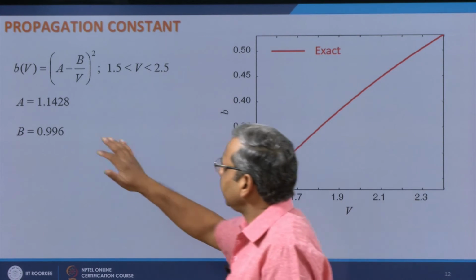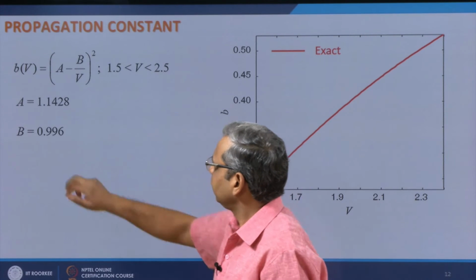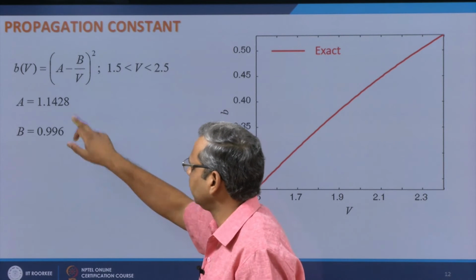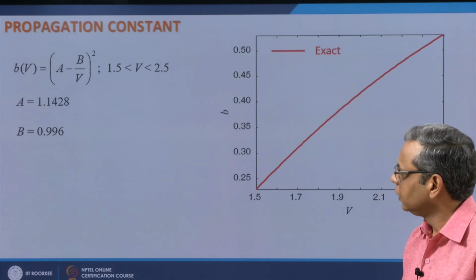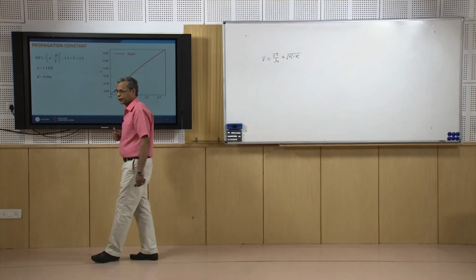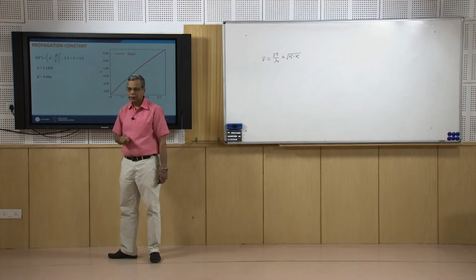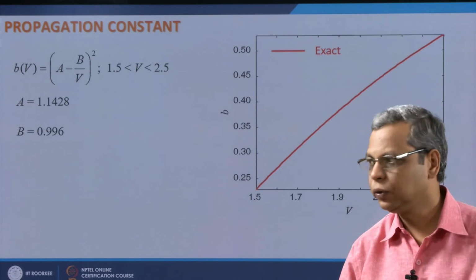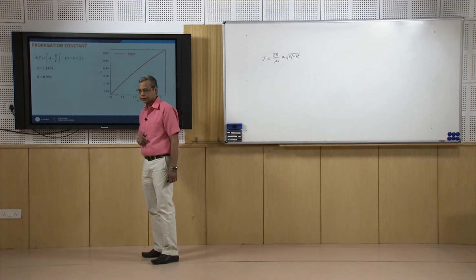So, this is an empirical relation between B and V, which is given by A minus B over V, whole square, where A is equal to 1.1428 and B is close to 1. So, I can always use this empirical relation if the value of V lies in this range to obtain the propagation constant of LP01 mode of the fiber, and it becomes very handy while doing calculations.